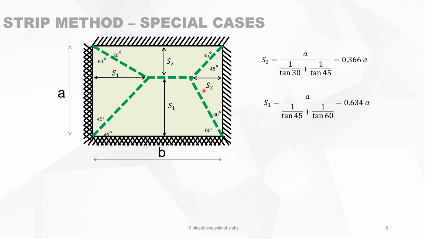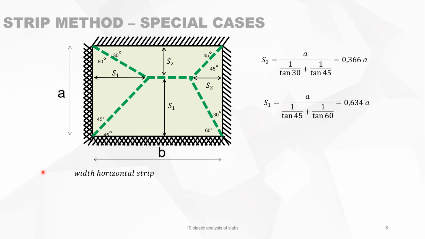We do the same for S1, which is 0.634A, and then the distance S2 here, and this distance is of course the same because of the 45 degrees. The same happens here: the distance S1 is the same as this distance S1 because of the angle of 45 degrees.